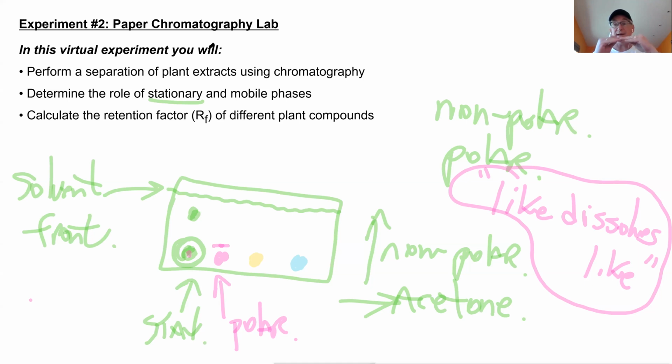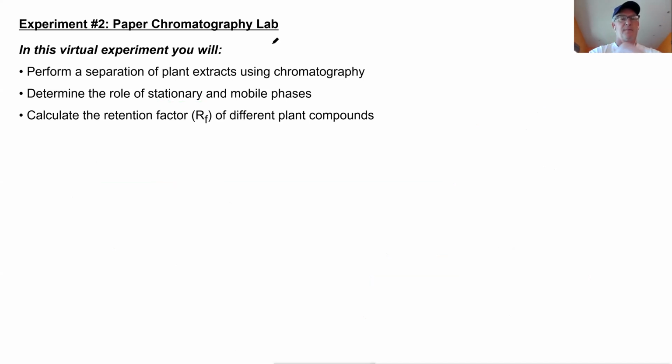You move with what you're most like. So if you're most like the paper, you stay with the paper. If you're most like the solvent, you go into the solvent. Is that clear to everybody now? Yes, no? I'm checking the chat.